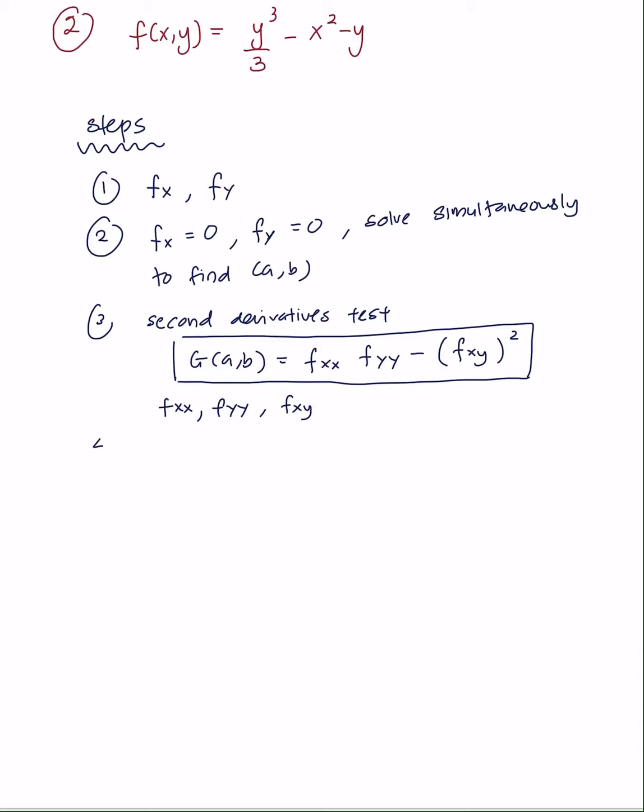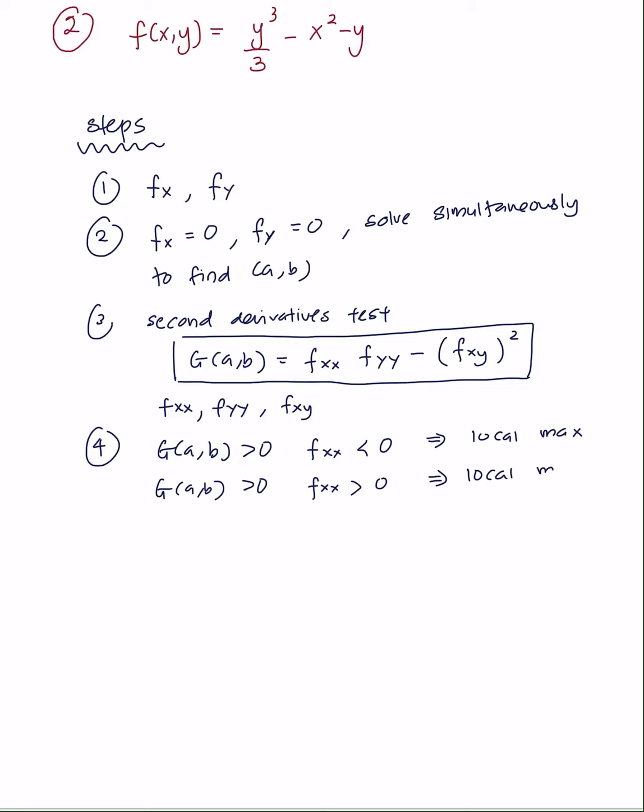Next, we can check G(a, b). If G(a, b) is greater than 0 and fxx is less than 0, then (a, b) is a local maximum. If G(a, b) is greater than 0 and fxx is greater than 0, then it will be a local minimum.